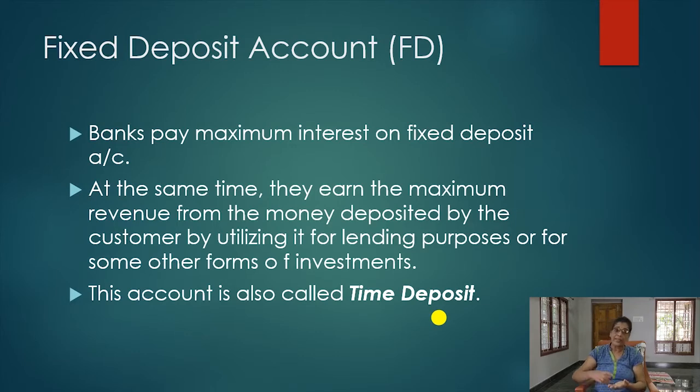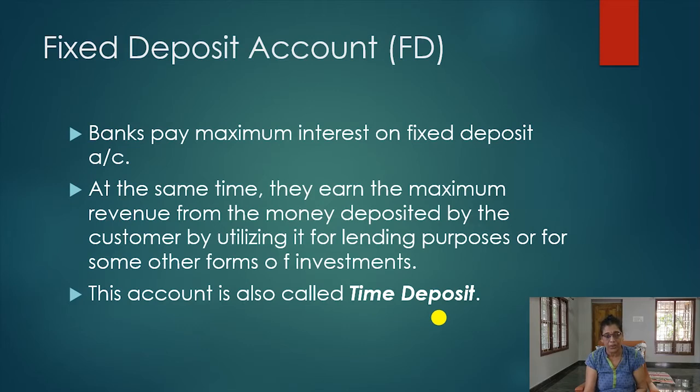Not only that, the amount collected from the fixed deposit can be used for lending loans and advances by the banker. So this is the way in which they earn the revenue. So you are also a gainer, I am also a gainer. The banker is also gaining, the customer is also gaining by the FD account, that is a fixed deposit account.